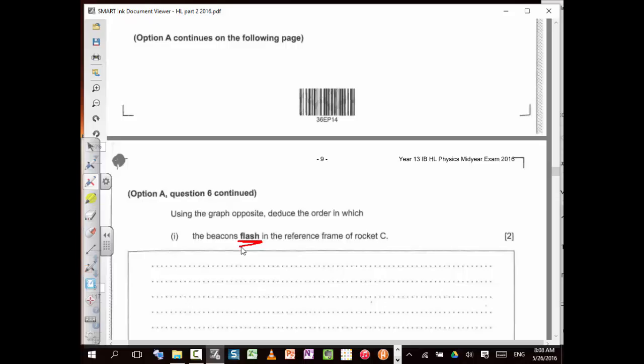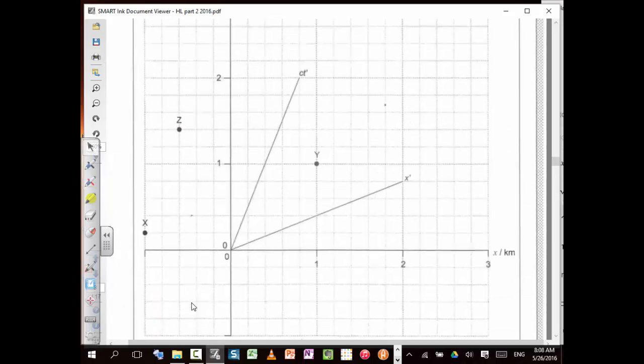So we want to find out the order in which the beacons flash in the reference frame of rocket C. Okay, so rocket C's world line is... these are the axes for rocket C, X dash and CT dash.